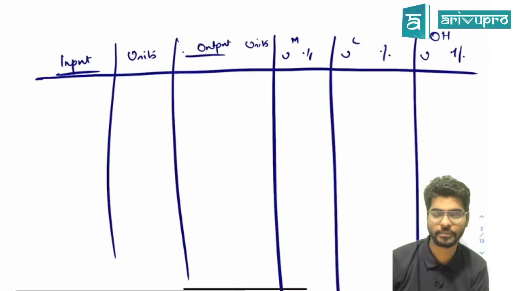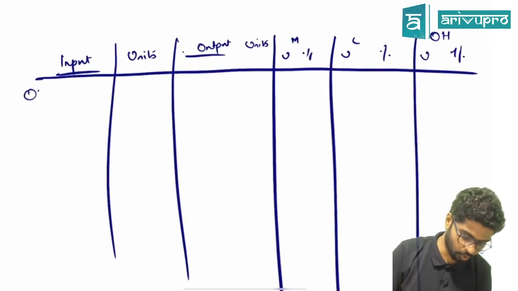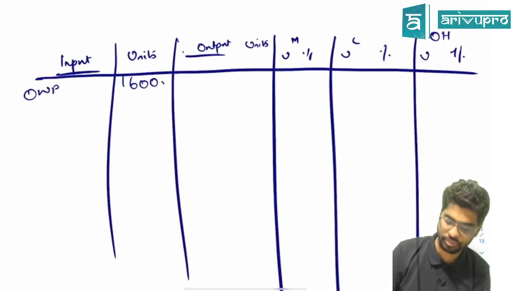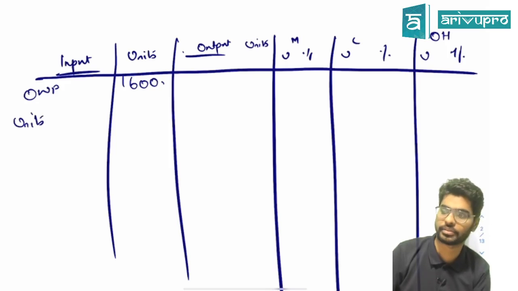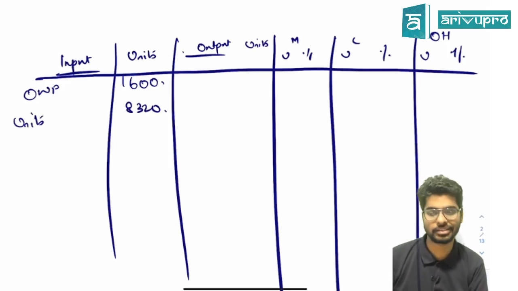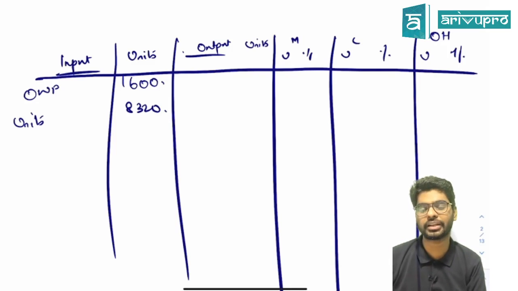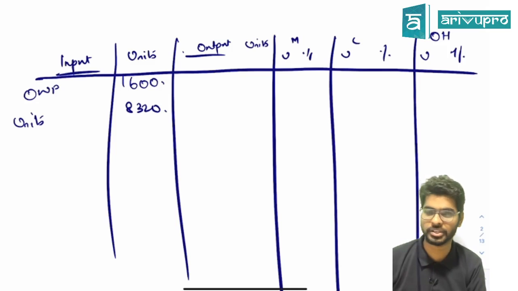Are you clear? My input was what? Opening WIP 1600 and units introduced 8320. Okay guys, now what did I say? Which method are we following? Are we following FIFO or weighted average? What have they told in the question?